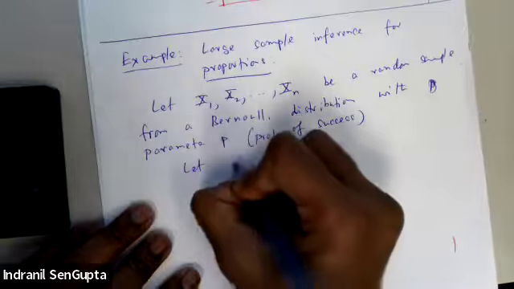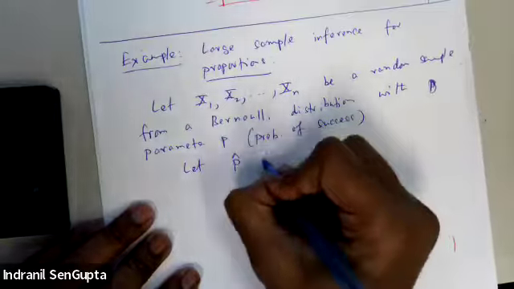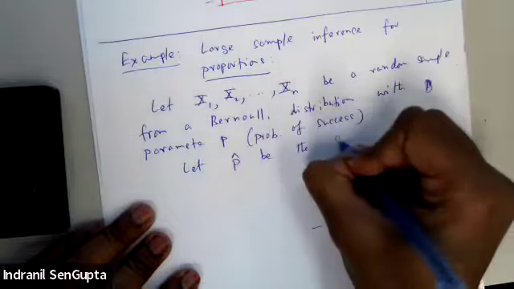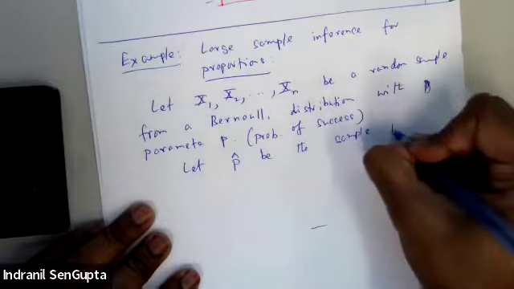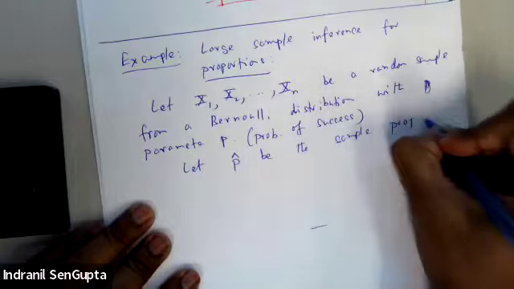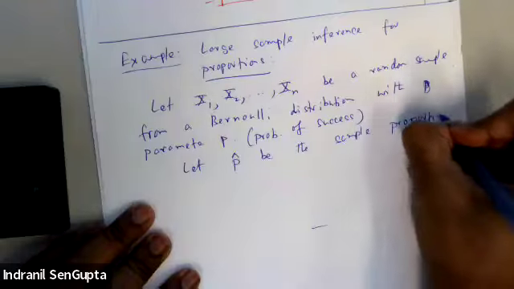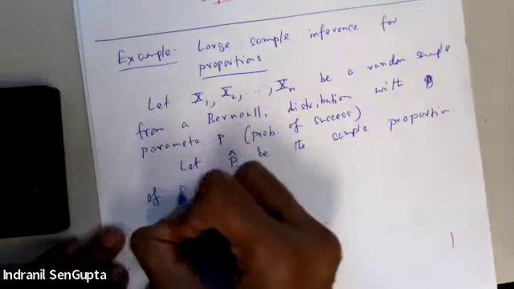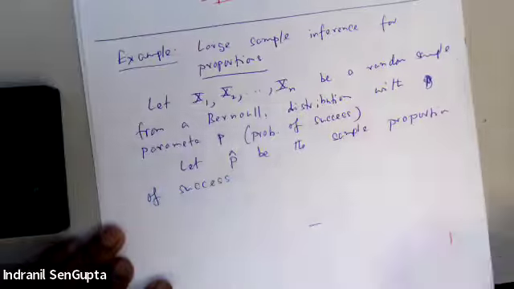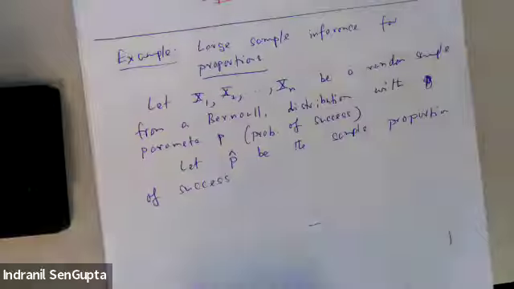So let p hat be the sample proportion of success. That means we observed a success. So we found a sample. And what is this p hat?